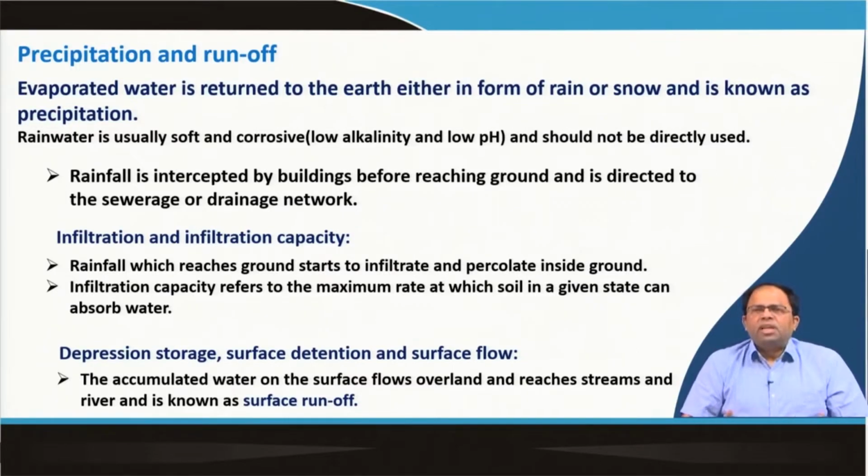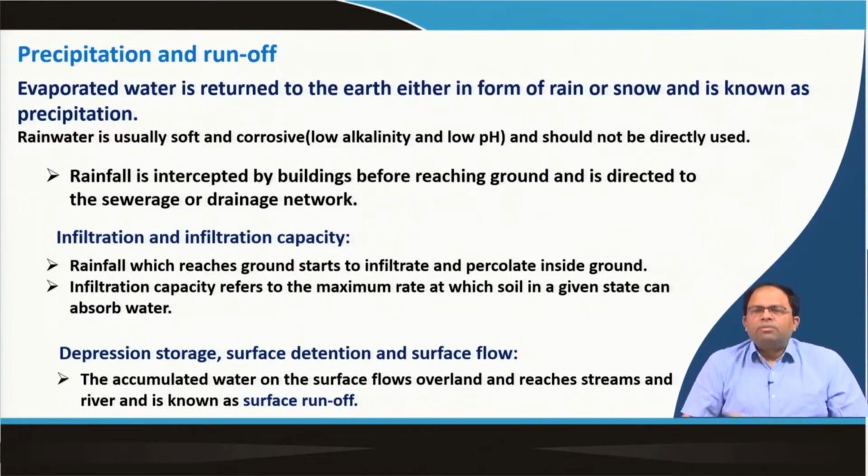So, even in paved surfaces, some amount of rain infiltrates inside those paved surfaces and eventually reaches the ground. Once rainfall reaches the ground, it starts to infiltrate, that means it starts entering into the soil, and then once it enters the soil, it starts moving inside the soil.